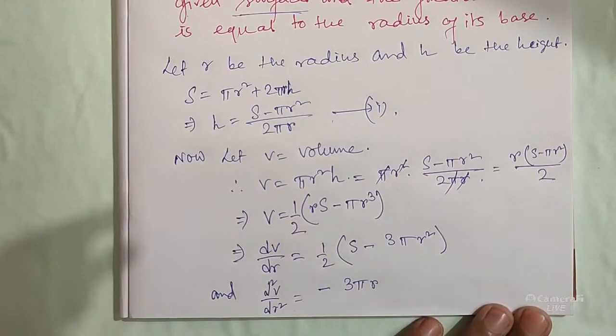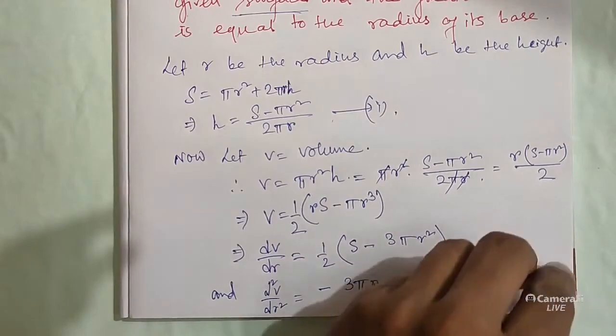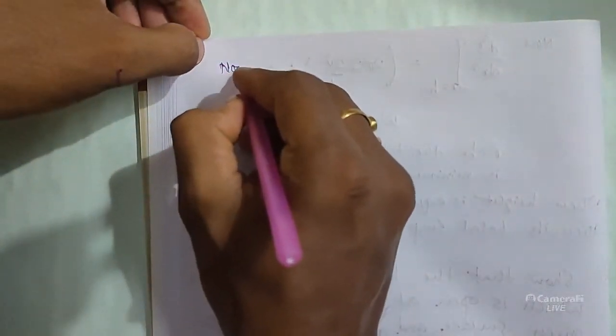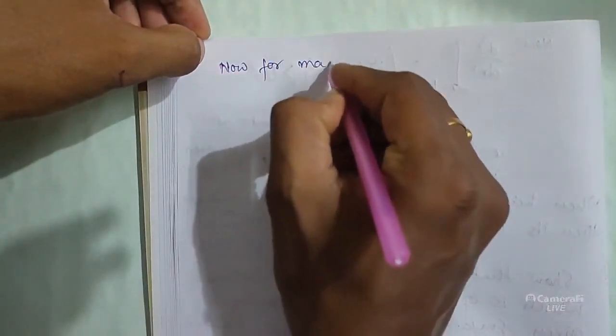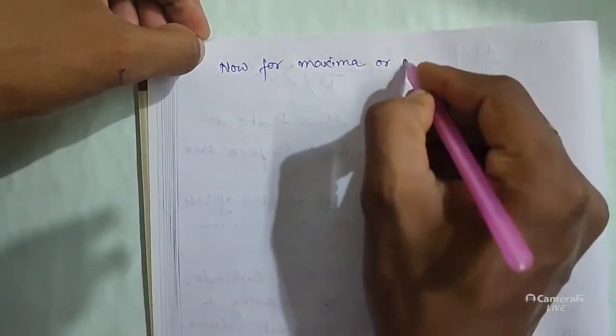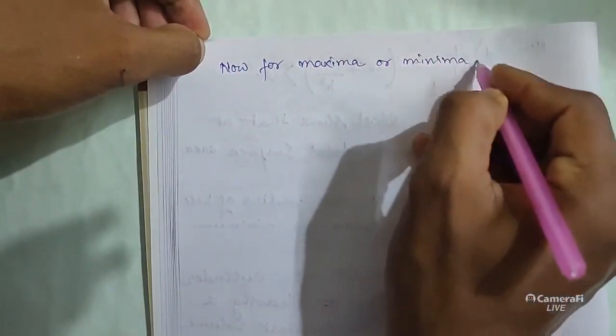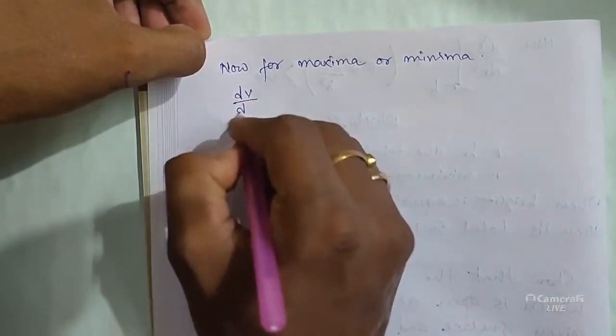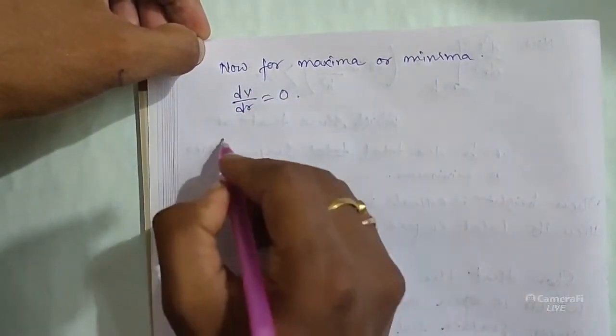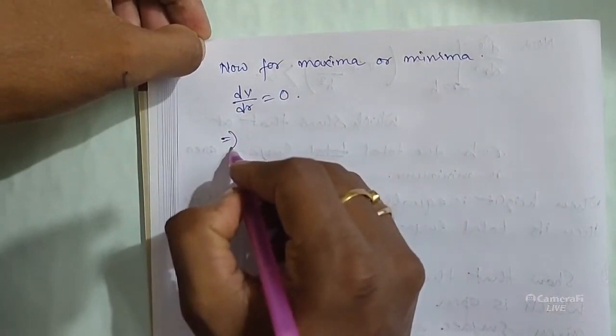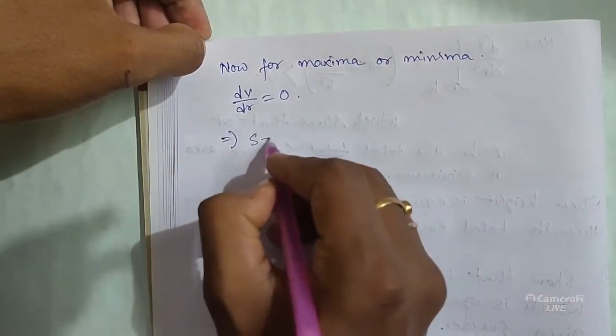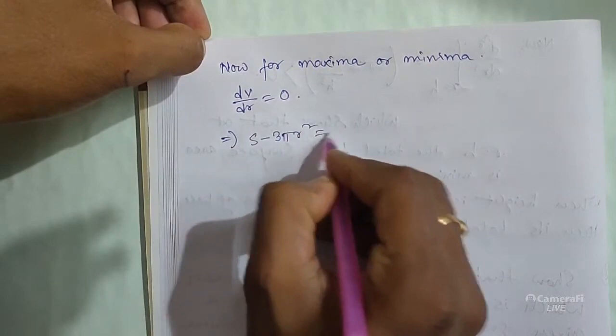Now for maxima or minima, we have to make dV by dr equal to 0, and from that we will get a condition. So let us find that. Now for maxima or minima, dV by dr equals 0, which gives us S minus 3 pi r square equals 0.